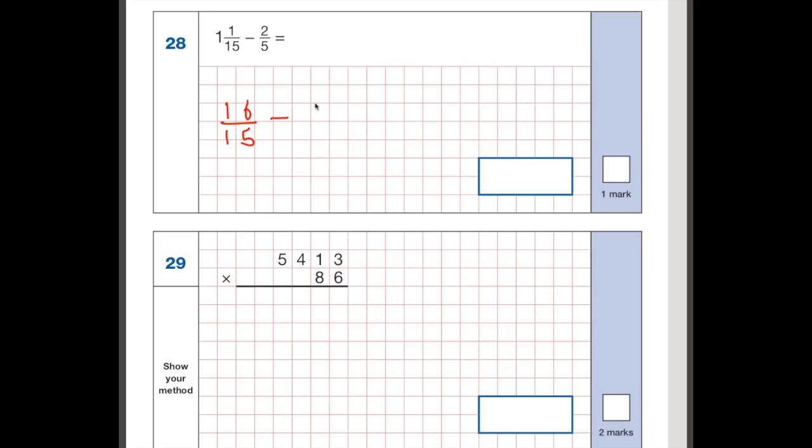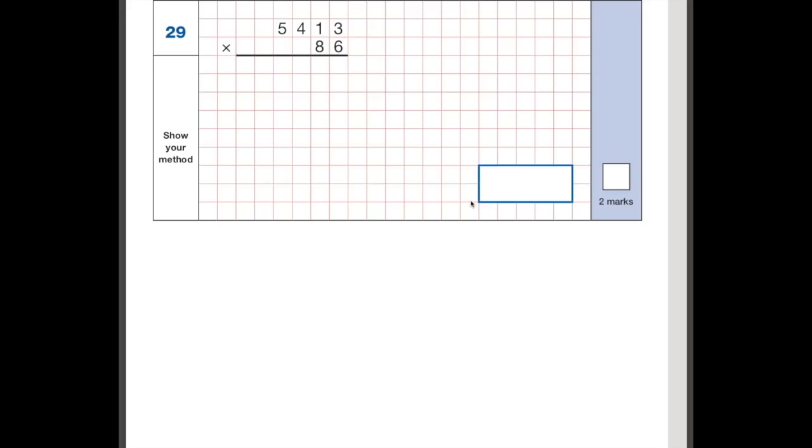So 2 times 3 is 6, 5 times 3 is 15. So now we have our sum that we can do. 16 15ths minus 6 15ths is 10 15ths. And more than likely it's going to want you to cancel this down. So you could divide it by 5, which would be 2 over 3, or 2/3.